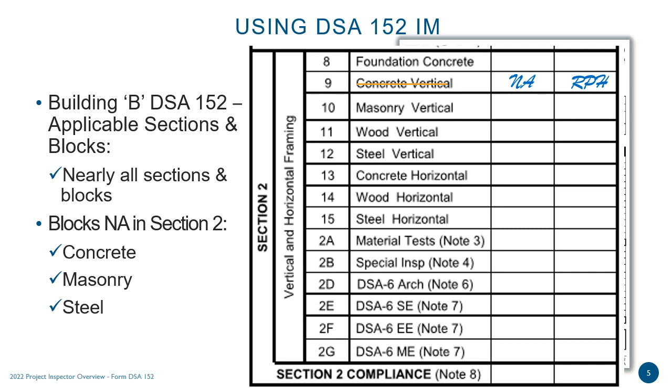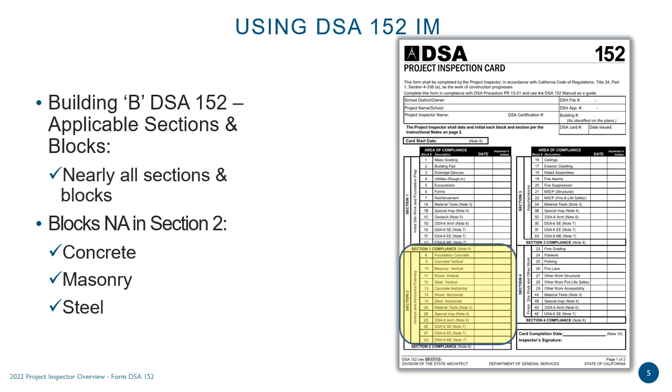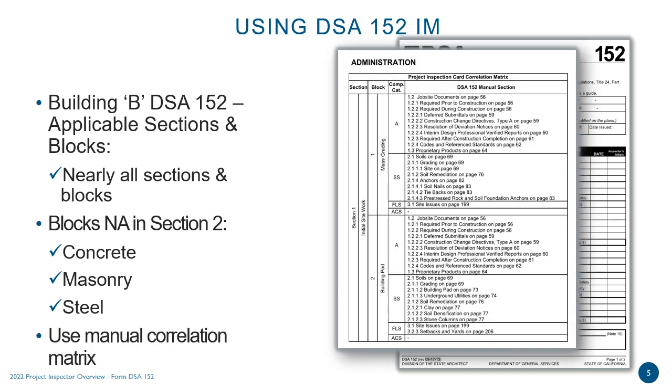And you would just put the NA and your initials. While I'm lining out these items, you would not need to do that. That's just for visual preference to help show in this example those particular items that would not apply for that building B, which is again that new construction with light wood frame.